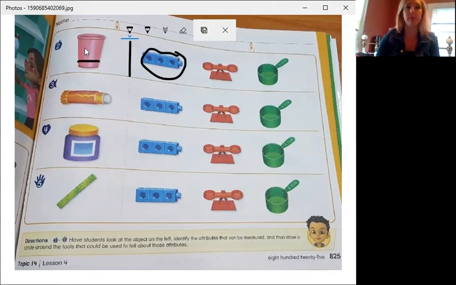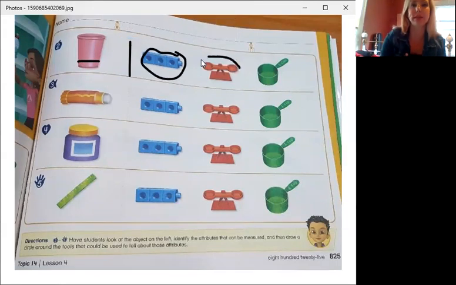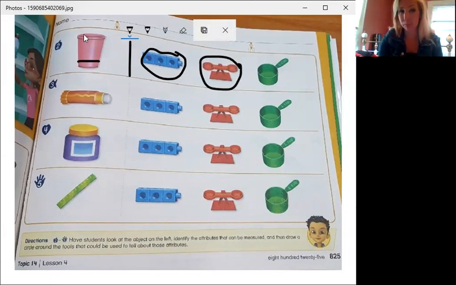Can I put the bucket on the scale and measure if it is heavy or light? Yes, I can measure its weight. Can I pour the water from the bucket into the measuring cup?